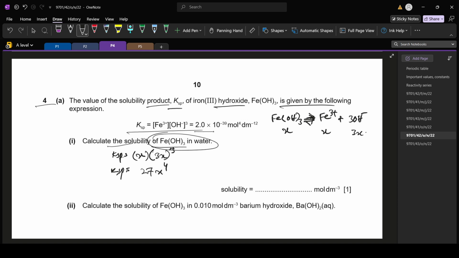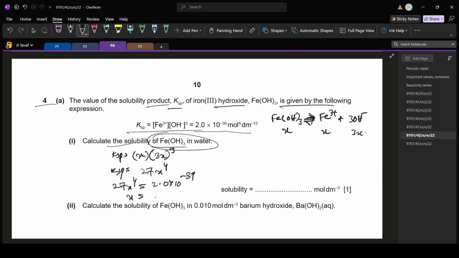You are also given the value of this Ksp, so 27x to the power 4 is equal to 2.0 into 10 to the power negative 39. So the value of x will give you the solubility of iron hydroxide.